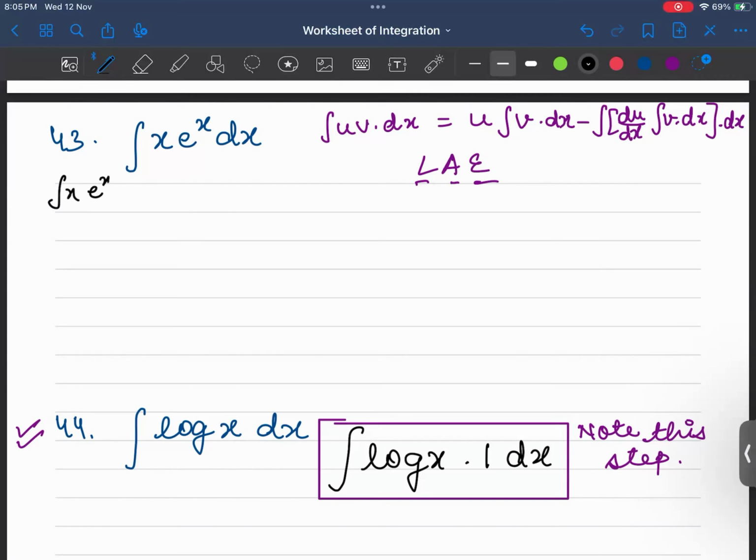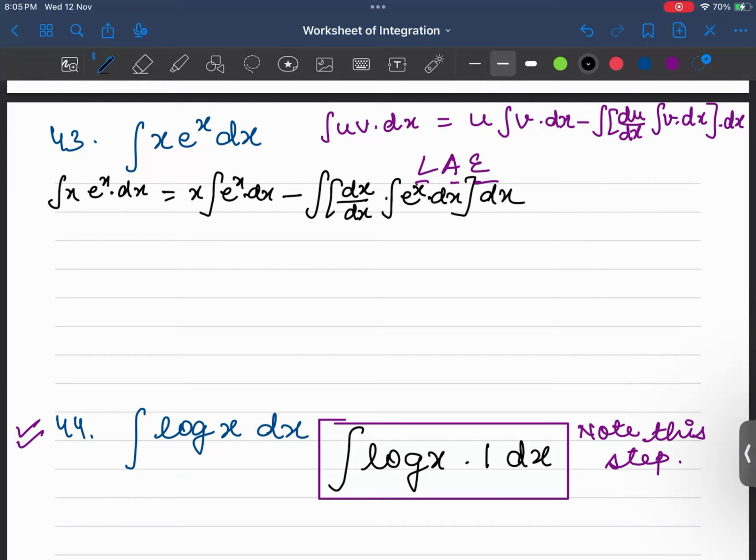So it would be x e^x dx. First thing would be keep the x as it is, first function, and integration of the second function, minus integrating dx/dx multiplied by the integration of the second function, and then completing it, x in brackets. x would be the same, and integration of e power x would be e power x, minus integration of dy by dx, which is 1, multiplied by e power x, integration would be e power x.